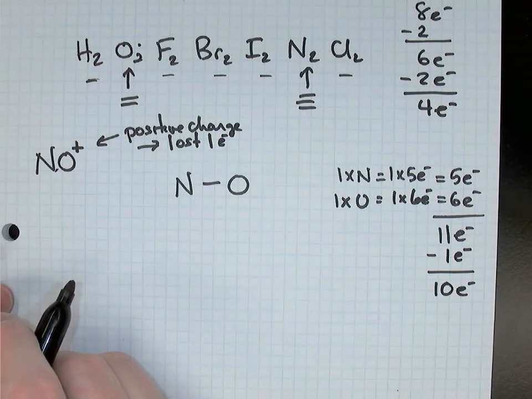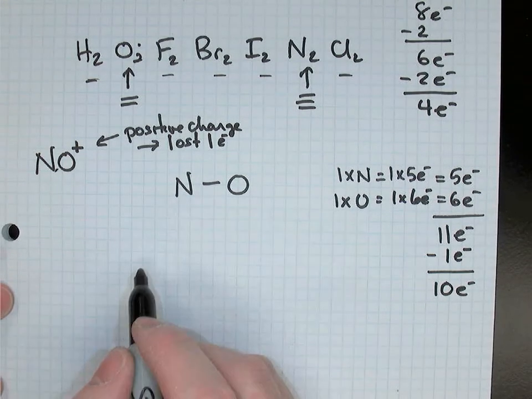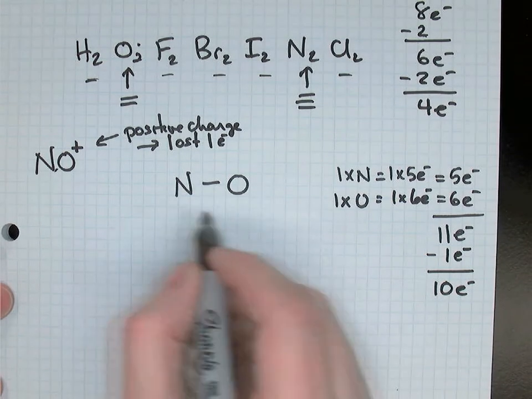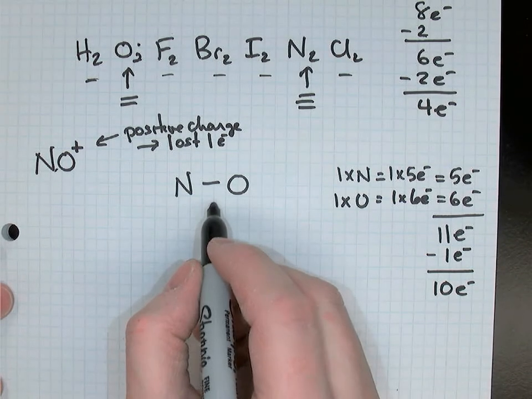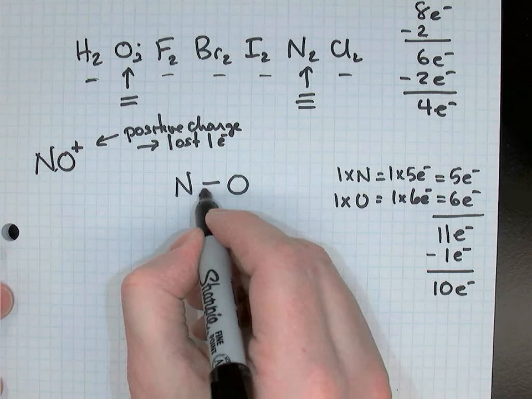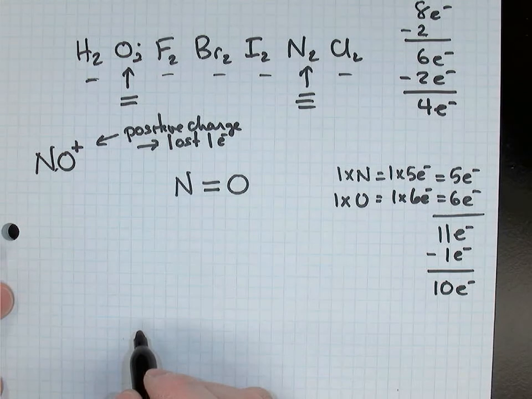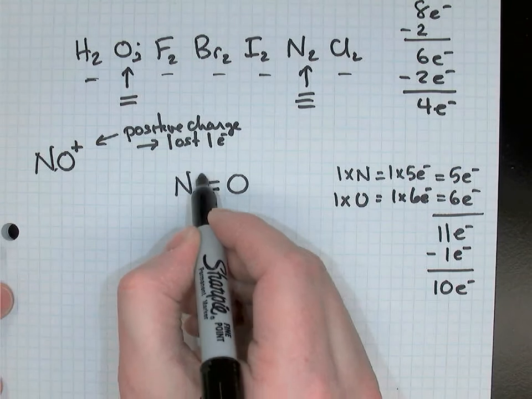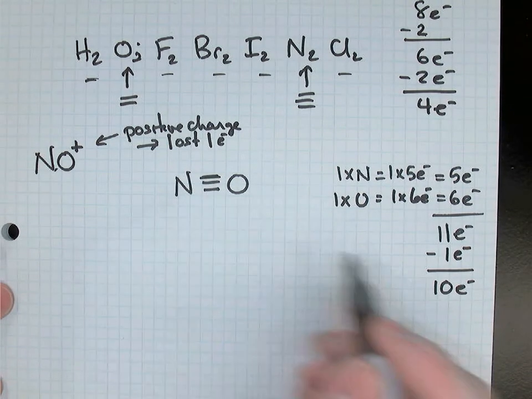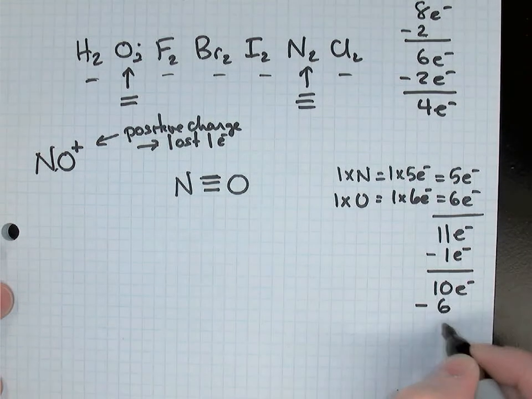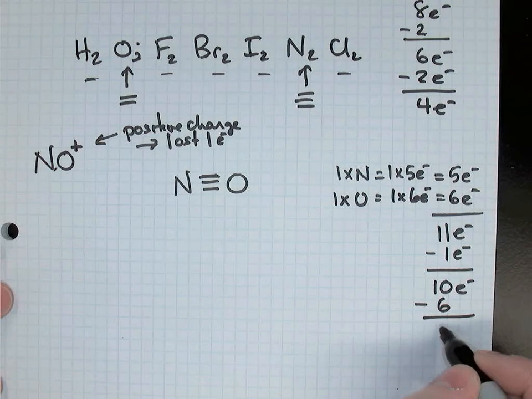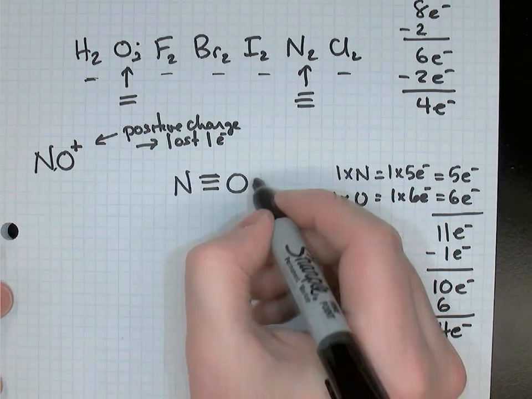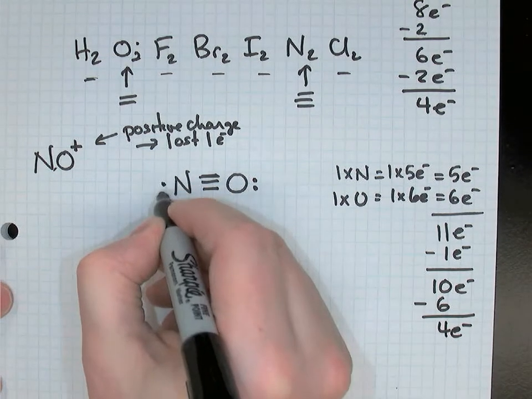We've already used up 2, and we can see that we're not going to have enough to give everybody an octet. If we put a double bond in, we've used up 4, we'd have 6 left. That's still not going to do it. A triple bond looks like it's going to be required, so if we take away 6 because of the triple bond, that leaves us with 4 electrons, and we can satisfy octets in a similar way to nitrogen.